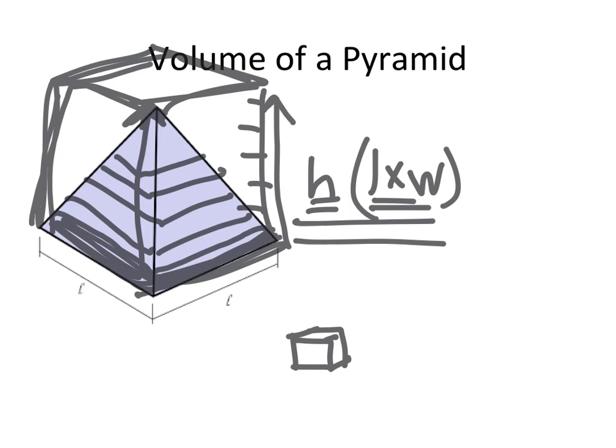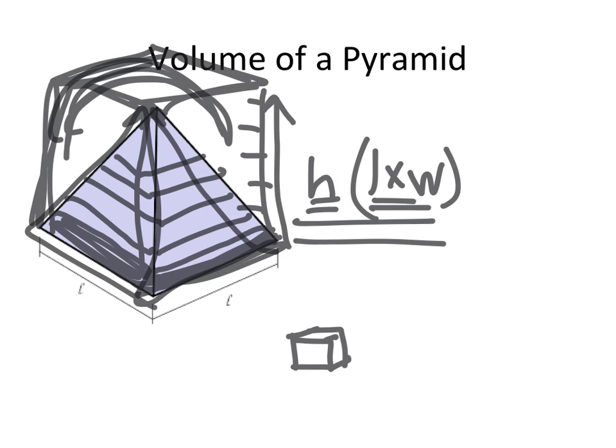What we do know, however, is that the empty spaces here that we have not filled would take up 2 of these pyramids. We could actually fit 3 pyramids this size in the related rectangular prism.